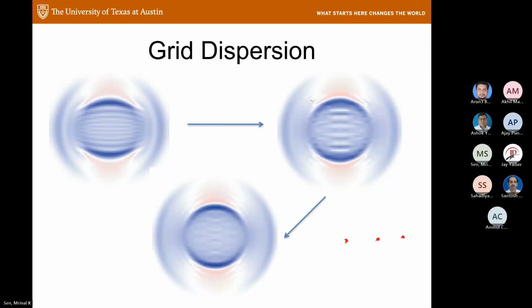When the frequency is very low, it thinks these are all continuous. When it is higher, these appear as discrete points, and because of that you start to see some ringing. This is very common in finite difference simulation, so people try to avoid it. They try to cut cost by using high frequency with a large grid spacing, and then you start to see all of this error. This is called grid dispersion.